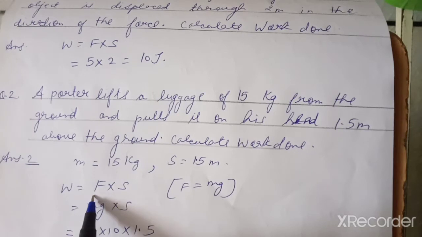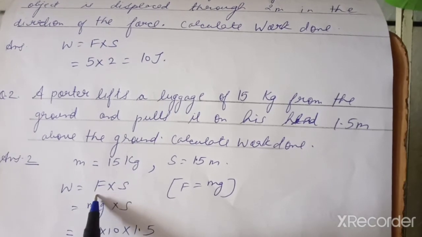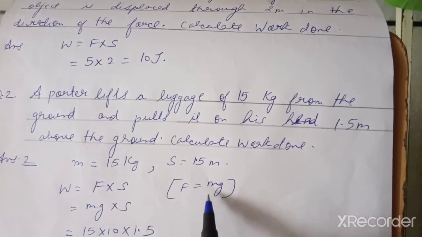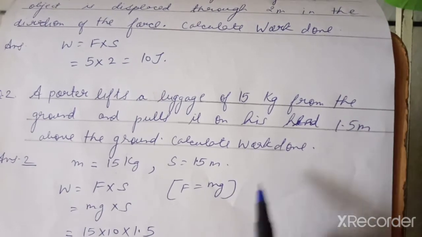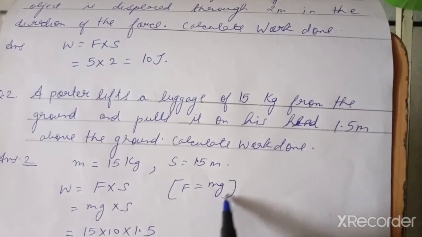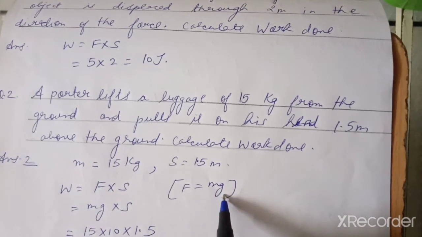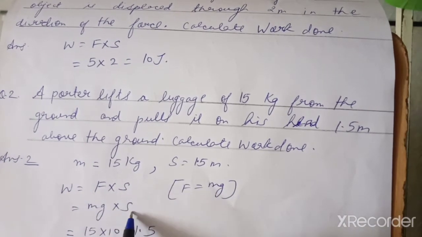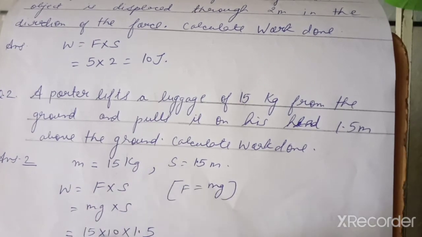In forces and laws of motion, we considered the formula of force, that it is the product of mass and acceleration, F equal to M into A. But here we are not writing A, since we are considering gravity, so we write M into G. So you can substitute F as M into G. The mass is 15.